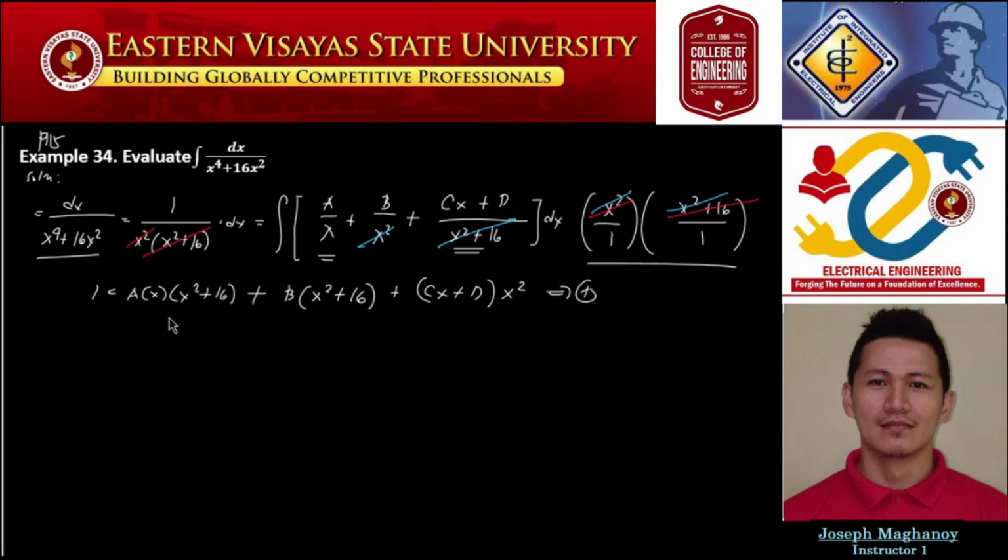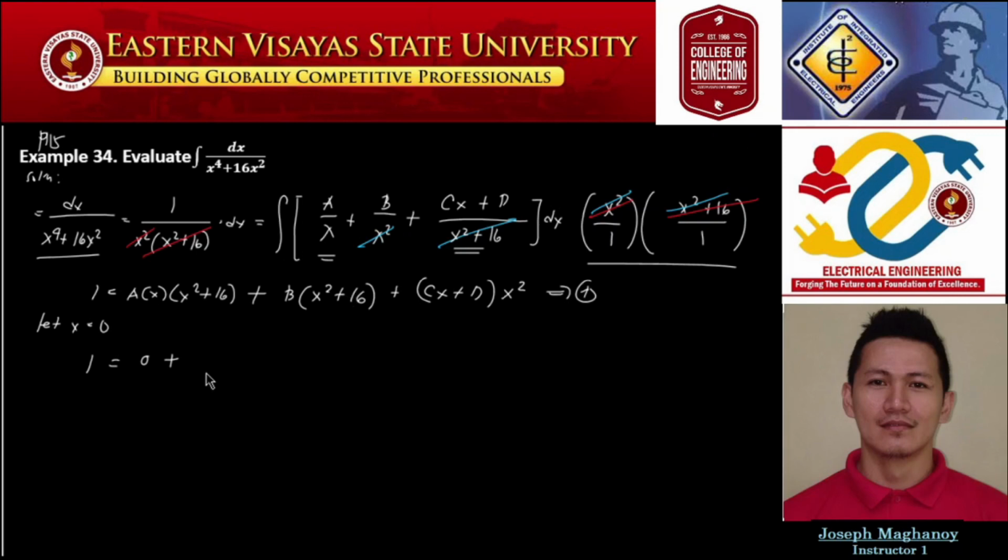So what is our first thing to do? We try to assume values. If we let x equal to 0, almost everything will be 0. If we substitute 0 at x, everything will be 0.